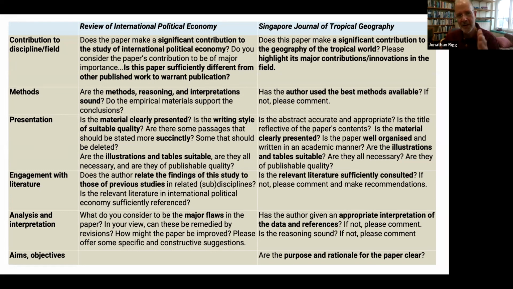And I have two here, one for the Review of International Political Economy, RIPE, and the other for the Singapore Journal of Tropical Geography. Both of these are touching on the same set of questions. So referees are asked, what is the contribution of the paper to the discipline or to the field?